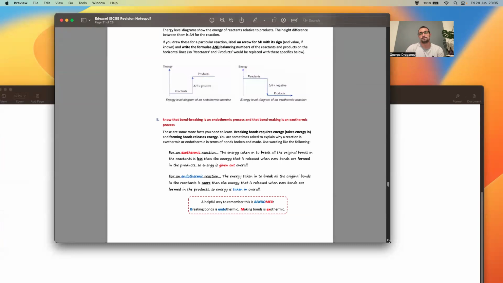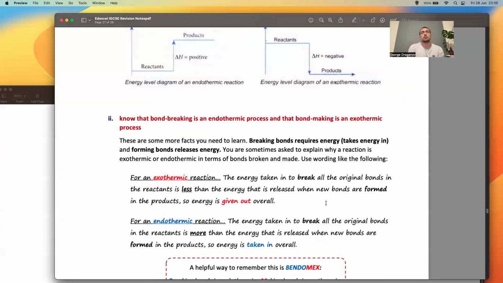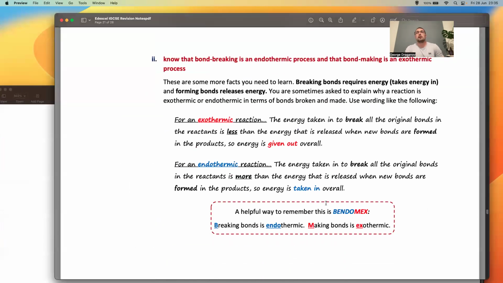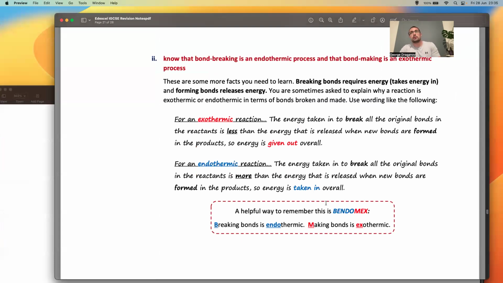So if we hone in on this part here, know that bond breaking is endothermic and that bond making is exothermic. Now watch carefully. You could remember this as Bendomex, which means breaking is endothermic and making is exothermic. So, Bendomex.